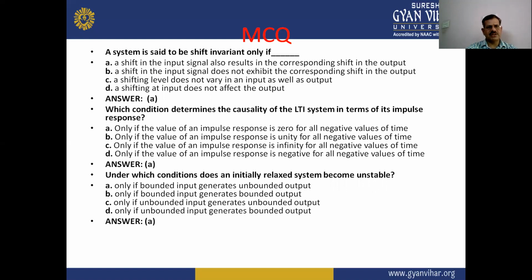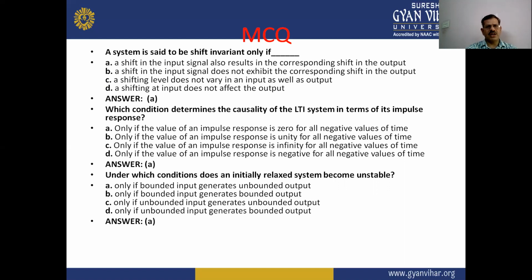So question first: a system is said to be shift invariant only if, option A, a shift in the input signal also results in the corresponding shift in the output. Option B, a shift in the input signal does not exhibit the corresponding shift in the output. Option C, a shifting level does not vary in input as well as output.